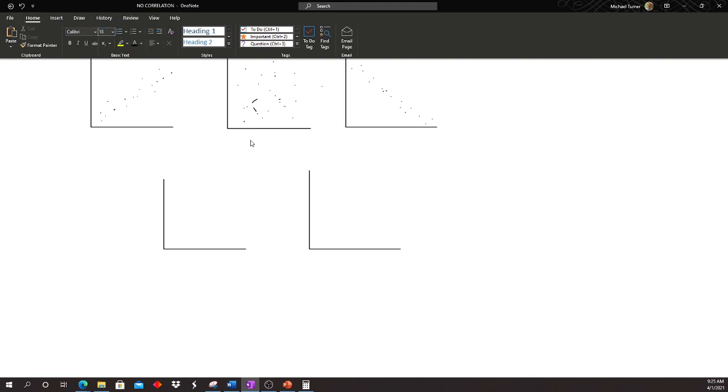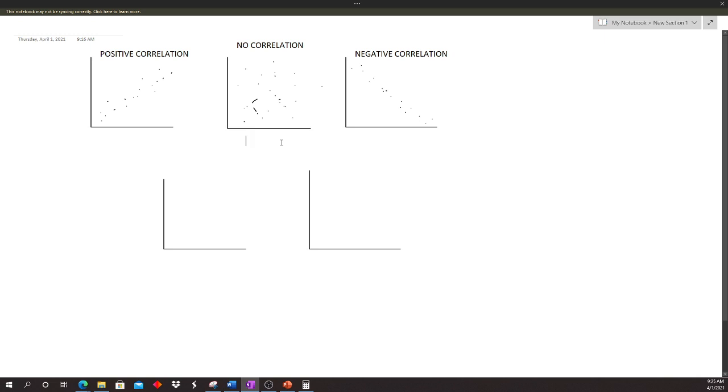But for now, we just want to have a general understanding of what the correlation coefficient represents. So if the points were completely random, no rhyme or reason, we would say that there is a correlation coefficient of 0. And this is represented by a lowercase r. Computer wants me to capitalize it. But that would be a correlation coefficient of 0. No rhyme or reason.